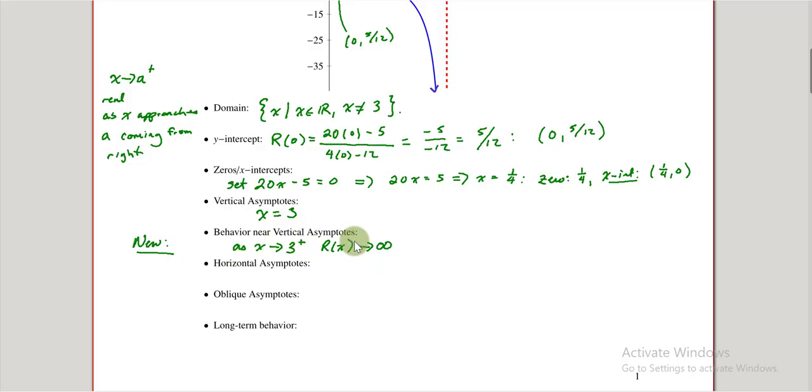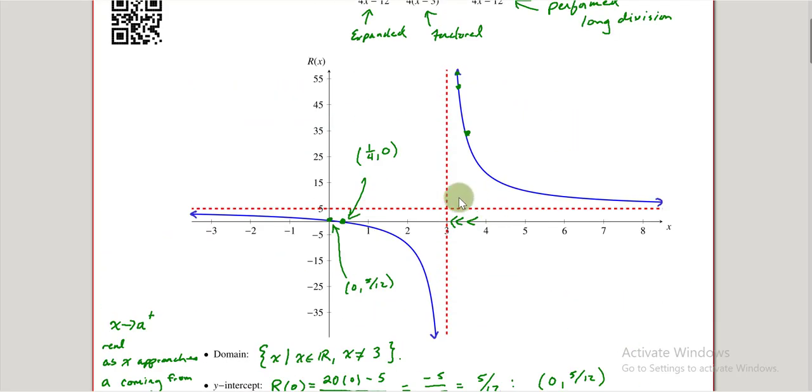This is new material, folks. I want to be able to, with arrows, describe what's happening with this graph. Here's the domain axis, and look at these arrows I drew. I drew a value here, a value here, and a value here. What are these arrows doing? The arrows are approaching 3, but they're specifically coming from the right.